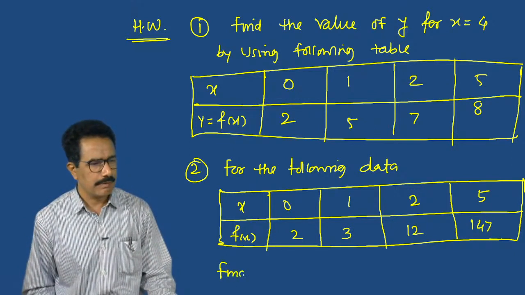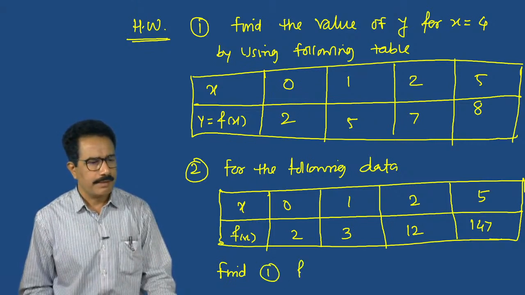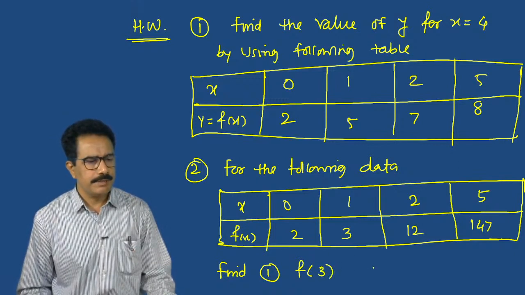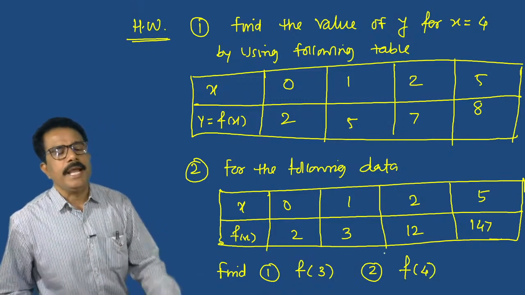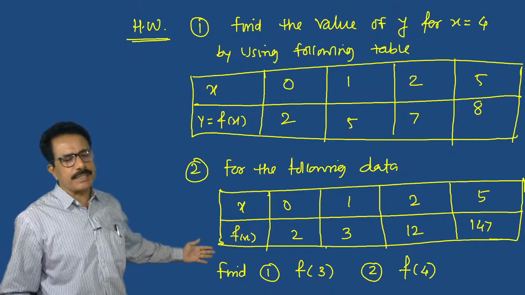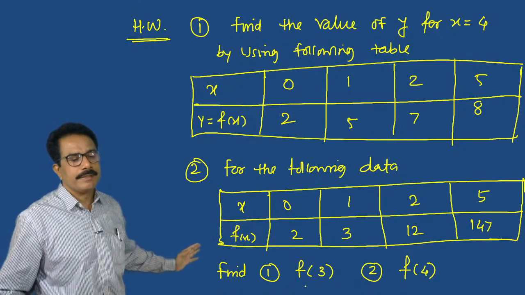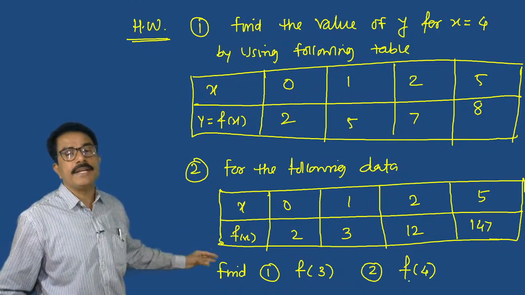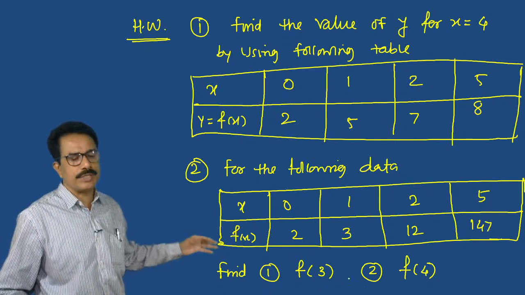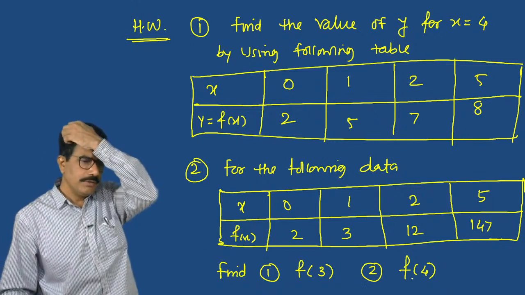Find number 1, f of 3, number 2, f of 4. Actually, use the Lagrange's interpolation formula to find f of 3 and f of 4, means for x is equal to 3 and for x is equal to 4.